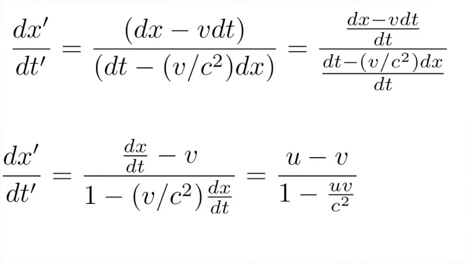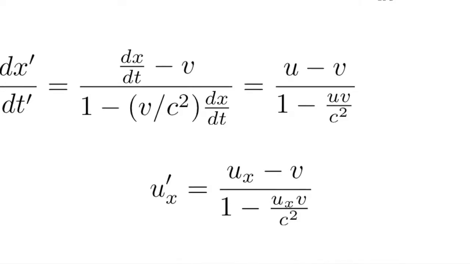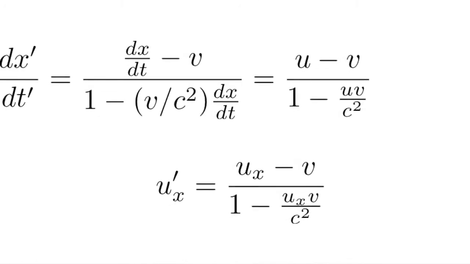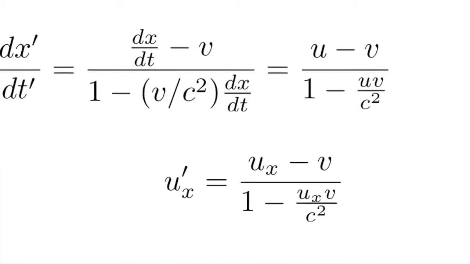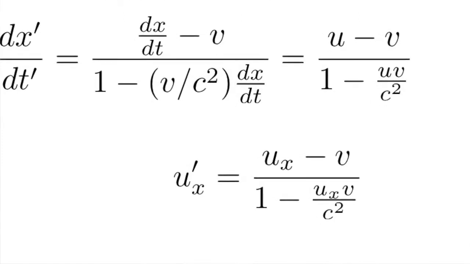But let's write it properly. We have just calculated the velocity of the particle on the x-axis, just the x component. So that will be u prime sub x equals u sub x minus v, divided by 1 minus u sub x v divided by c squared.